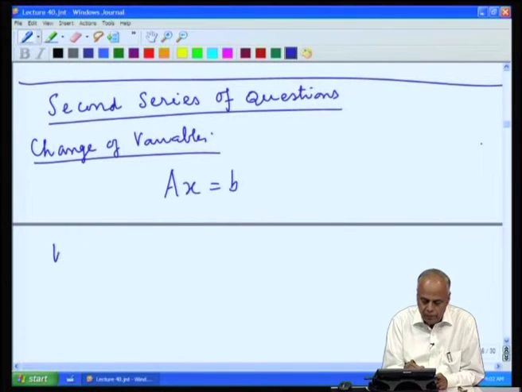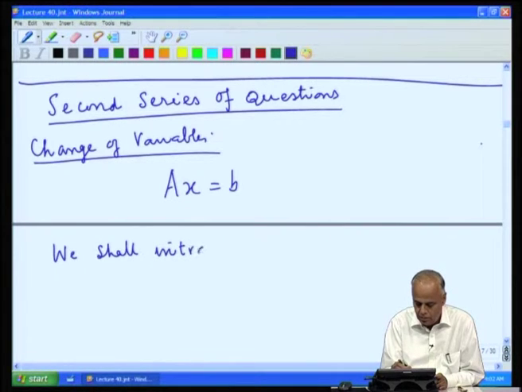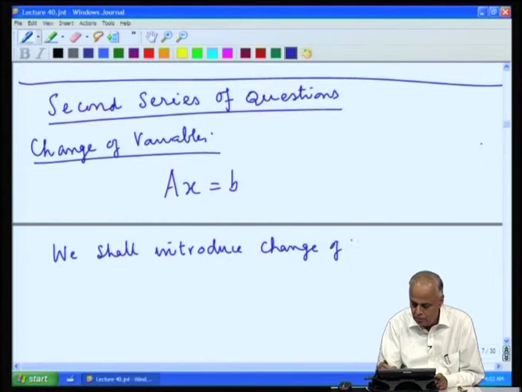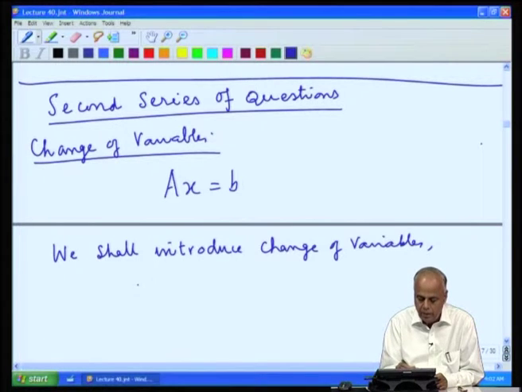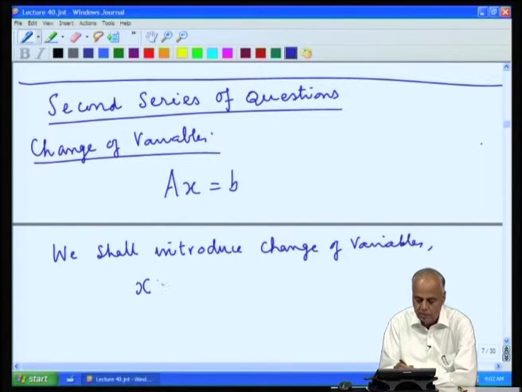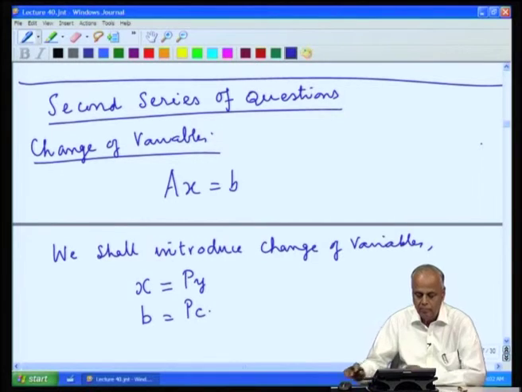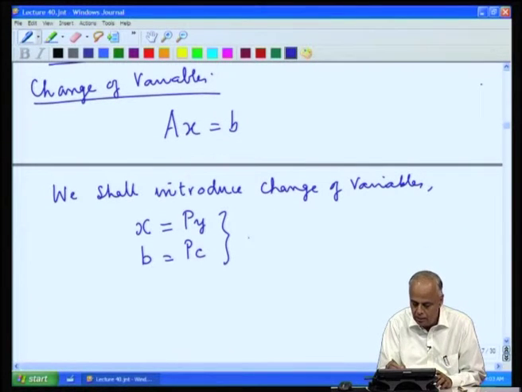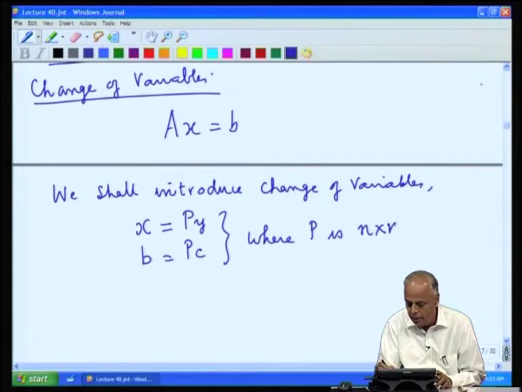We said we shall introduce a change of variables, where we call x as P y, b as P c, where P is an n by n invertible matrix.